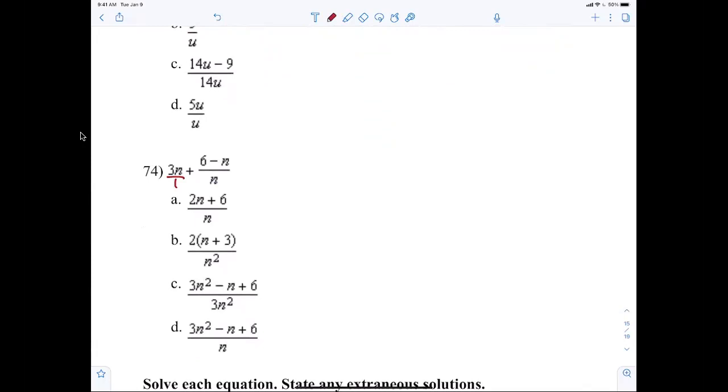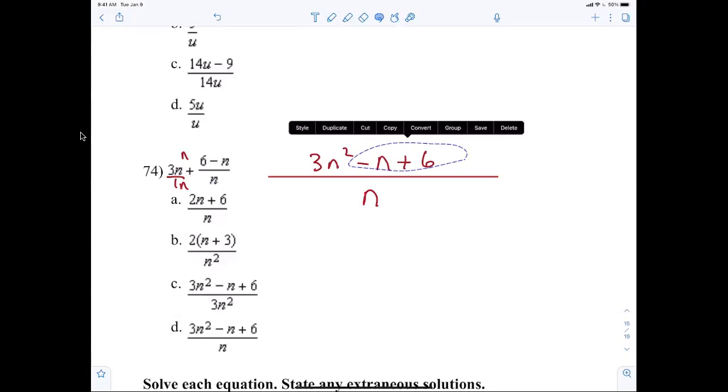So you're multiplying the first fraction by n. So 3n squared plus, so it's minus 9. They wrote that, and then I think they just probably moved this over here. Yeah. 3n squared minus n plus 6. So it looks to me like D is good.